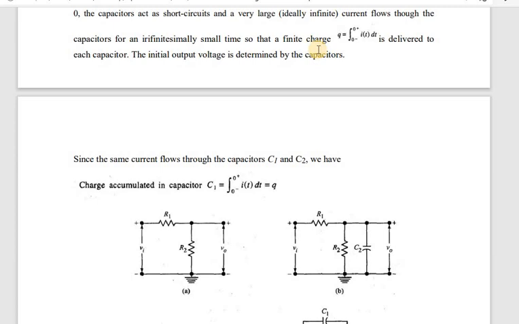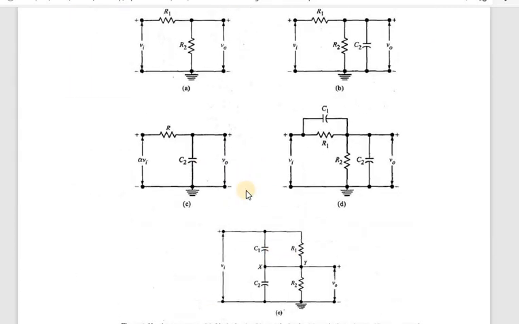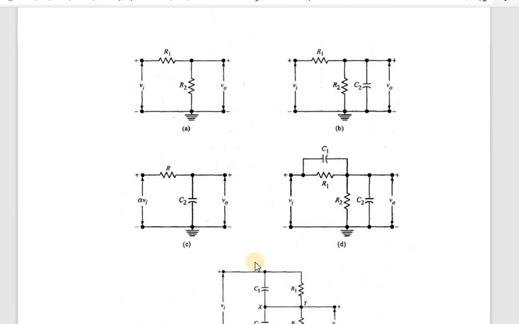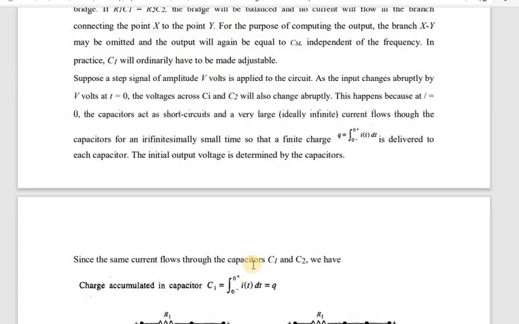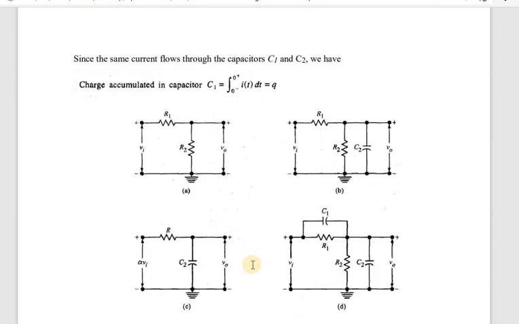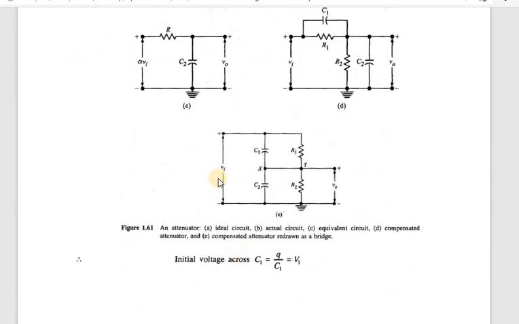So this is how you find the total charge produced in both the capacitors when you apply the step input, and the response is independent of frequency. Because if the input is changed, obviously both capacitors will be charged, and because they are both in shunt, both capacitors will have the same current.